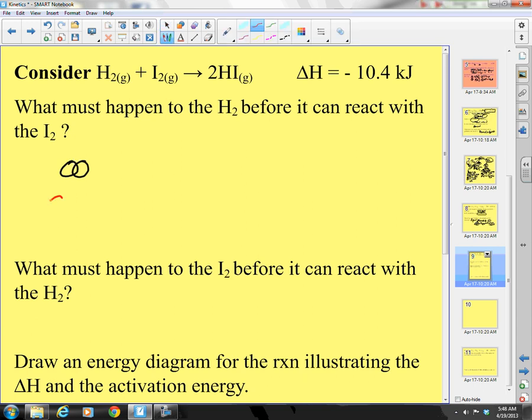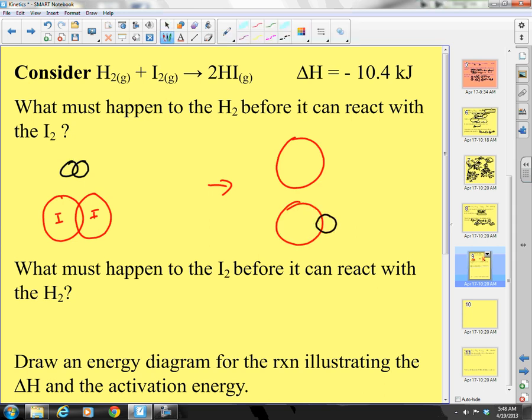And I have a bigger molecule, and these are my two iodines. Now, what do I get over here? Eventually, I get a big iodine and a big iodine and a little hydrogen overlapping it and a little hydrogen overlapping it. Good. So now the question is, how do I get from this situation to this situation?